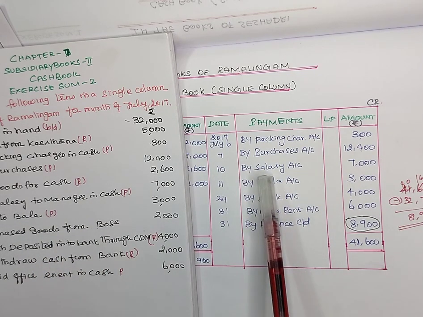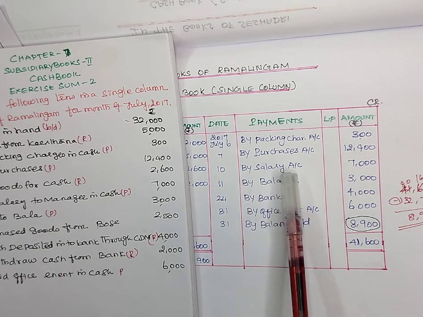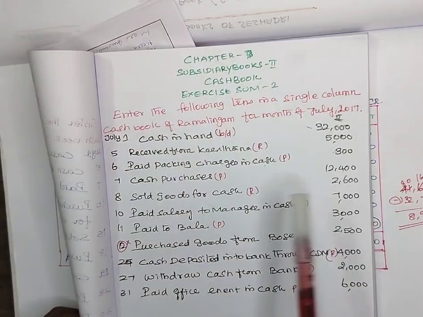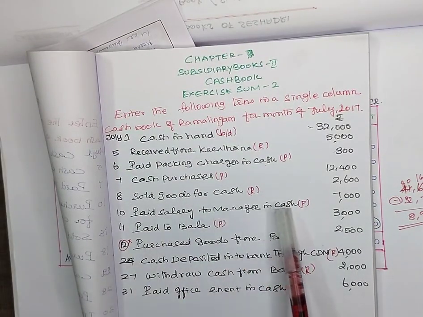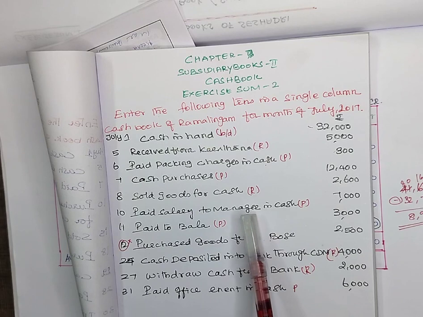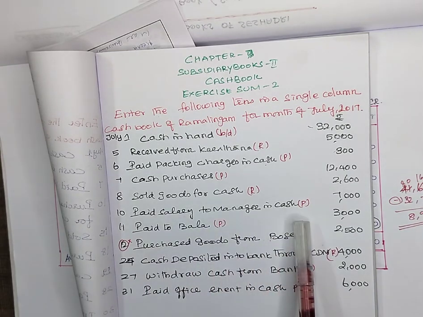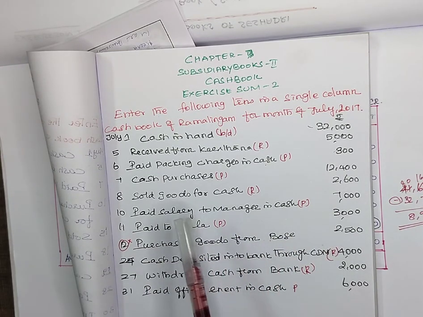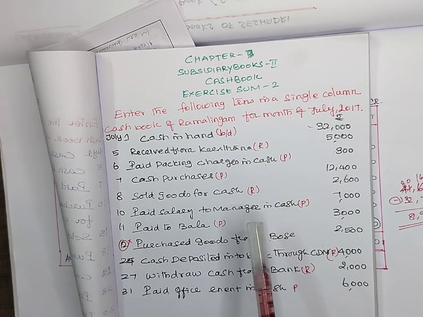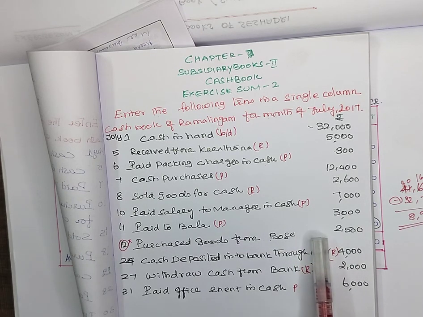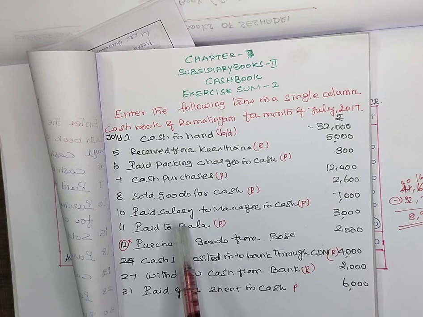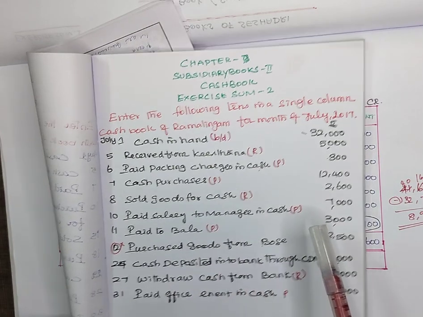You can think in another way: paid salary to manager in cash. What is the journal entry? Salary account debtor to cash account, because cash goes out in the name of salary. So cash account decreases. Whenever the cash account decreases, we credit the cash account. Cash is on the credit side, so we go to the credit side.